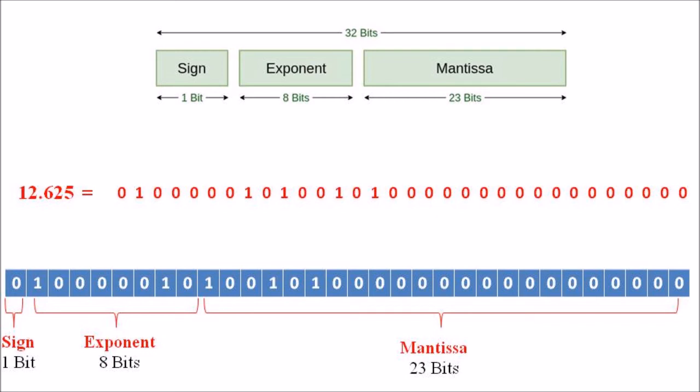The first bit, the sign bit, is 0. The next 8 bits are for the exponent, that is 10000010, and the remaining 23 bits are for the mantissa portion. Here the mantissa is 100101, so we have only a 6-bit mantissa. The rest of the bits on the right side of the mantissa should be filled with 0. So this will be the final answer.